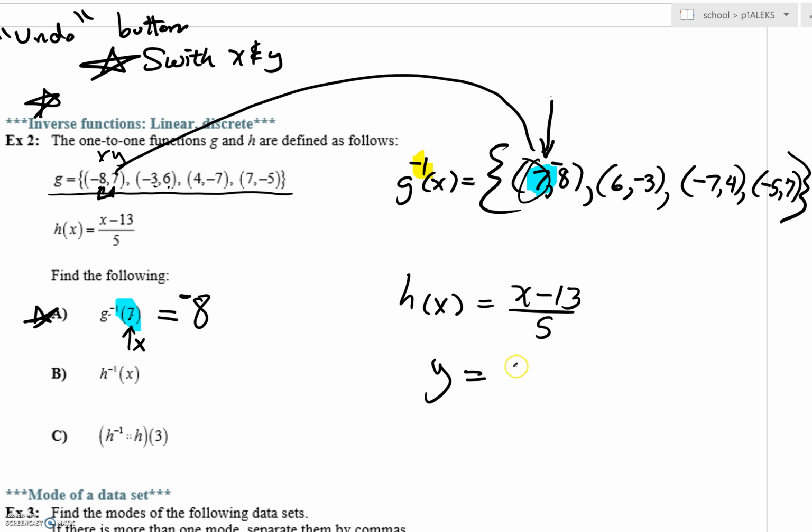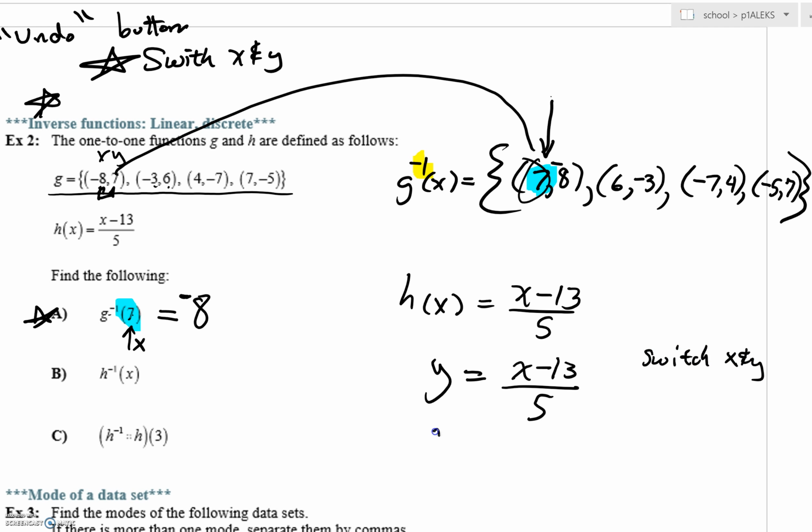Okay? So what's going to happen with part B? Part B, we've got y is equal to x minus 13 all over 5. And guys, as we're working through this, you're going to have to switch x and y. We're going to switch x and y.